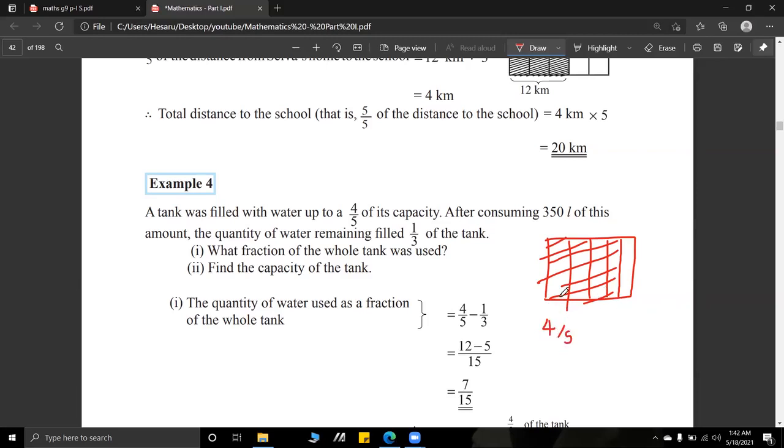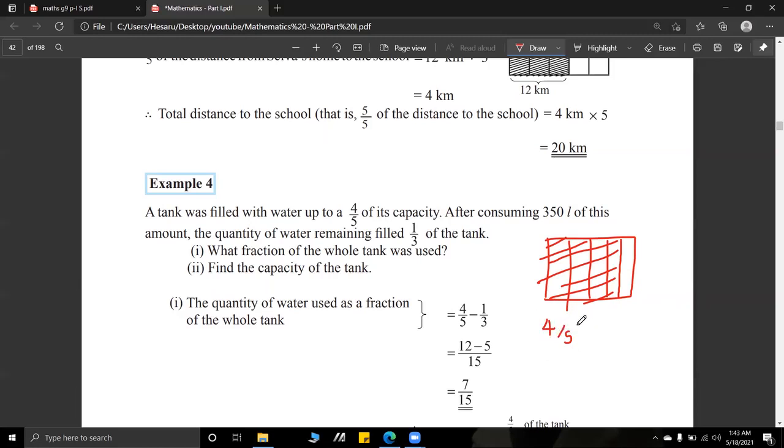Then you have used 350 liters. The quantity of water remaining is 1 over 3 of the tank. So if you subtract 1 over 3 from 4 over 5, what you get is the fraction that you consumed. It means 4 over 5 was originally there.